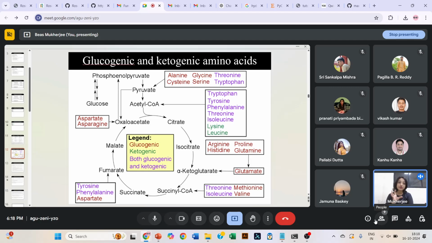From there all of these different amino acids are involved in forming different kinds of products in the Krebs cycle, right? That is how the amino acids can function as glucogenic and ketogenic amino acids. Okay, now we'll move on to the next question.